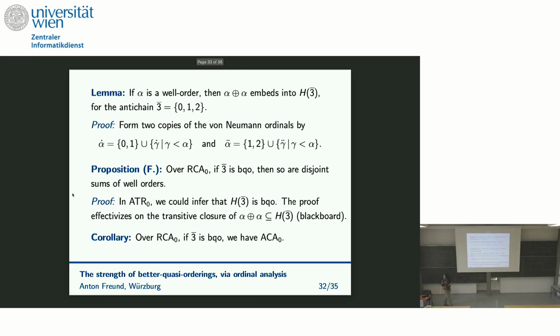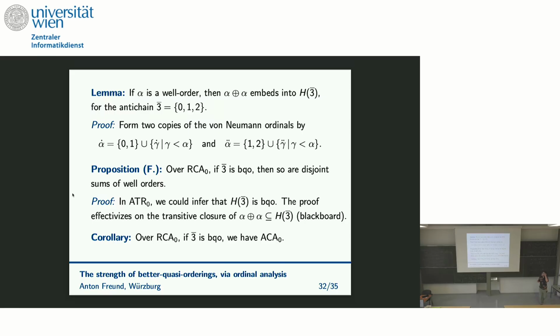So let's try to take a disjoint sum of well orders, and we might as well just take 2 copies of the same well order alpha, because with 2 well orders we can take the larger one and form the disjoint sum of that with itself. And let's try and embed that into this structure, into the set-theoretic universe over 3 Ur elements.